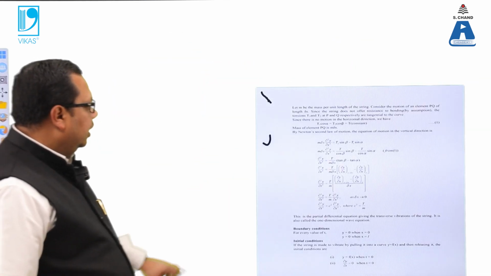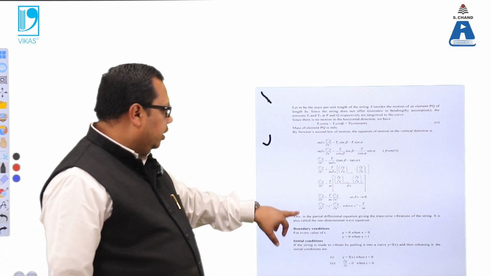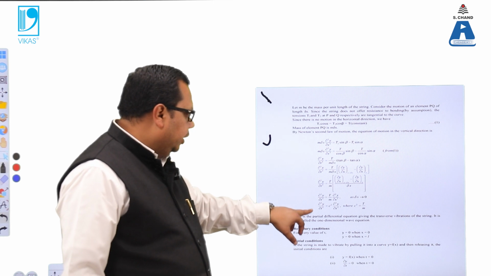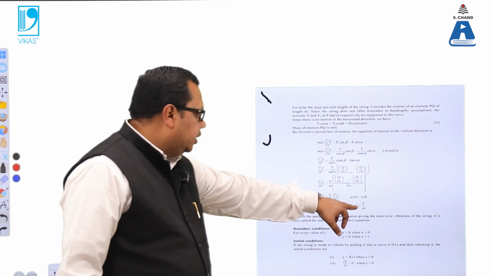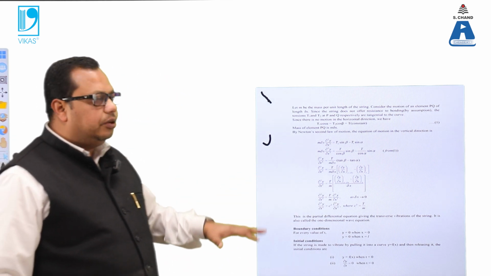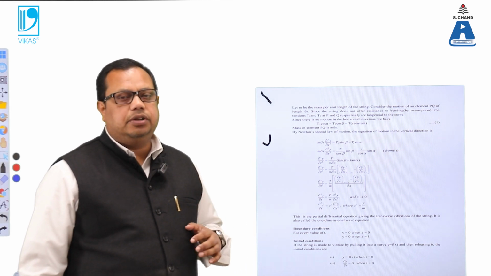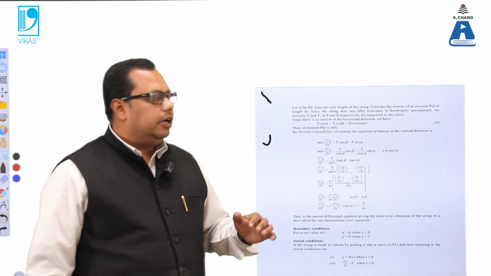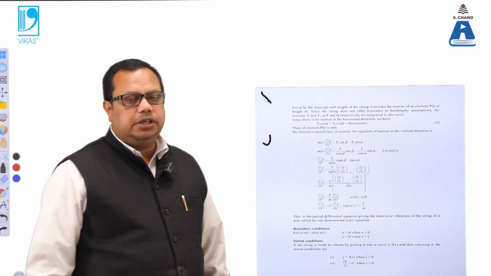If you see the slides, we calculate d2y/dt², and after calculating it, we conclude that d2y/dt² = c² d2y/dx², and c² = T/m. So what we have taken into account is how the tension is acting on the string, and from there T1 and T2 are the two values of the tension produced in the string.